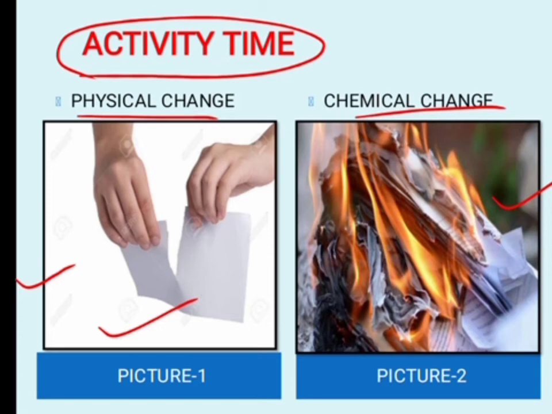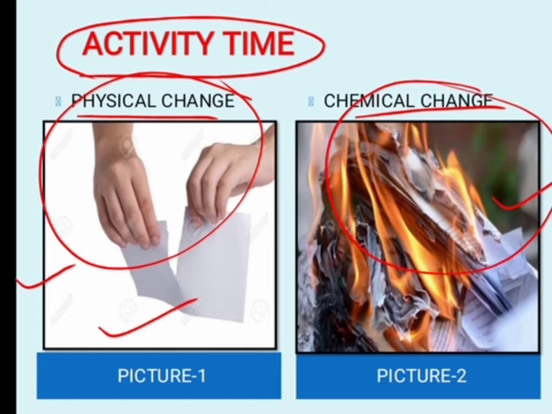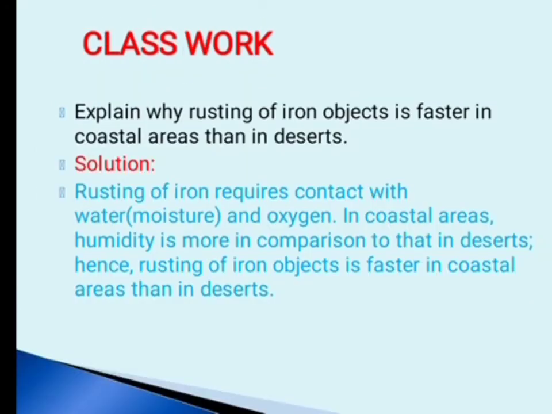That's why the tearing of paper is a physical change and the burning of paper is an example of chemical change. You can easily perform this activity at your home in the care of your parents.